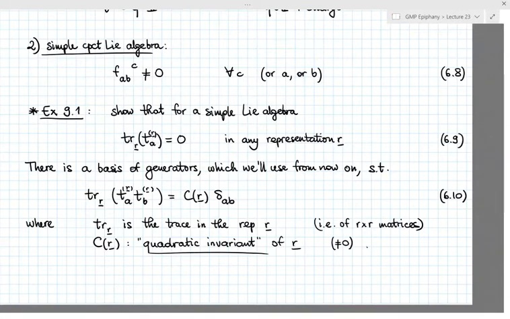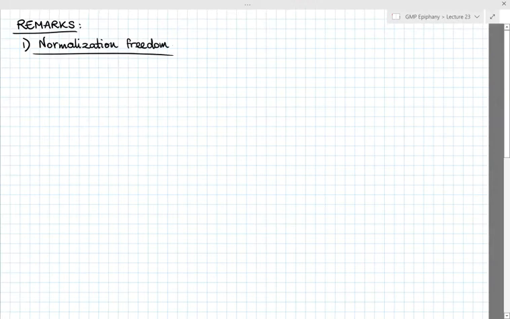A few remarks are in order now. The first remark has to do with the fact that we are free to normalize the generators as we wish. Indeed, we can rescale the generators T^A, the structure constants f^ABC, and the quadratic invariant of all representations as follows.